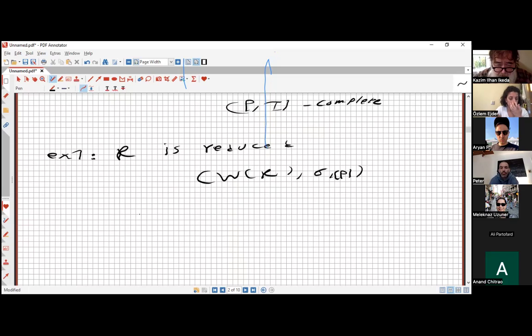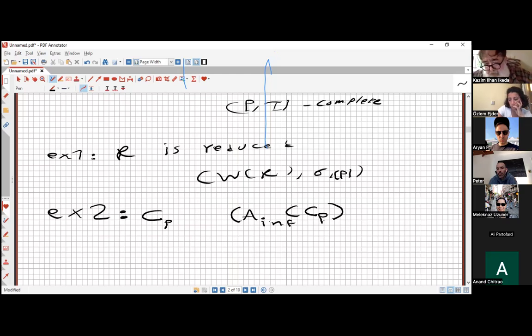Another important example comes from p-adic Hodge theory. Let C_p be the completion of the algebraic closure of Q_p. In p-adic Hodge theory, they define a ring A_inf of C_p.